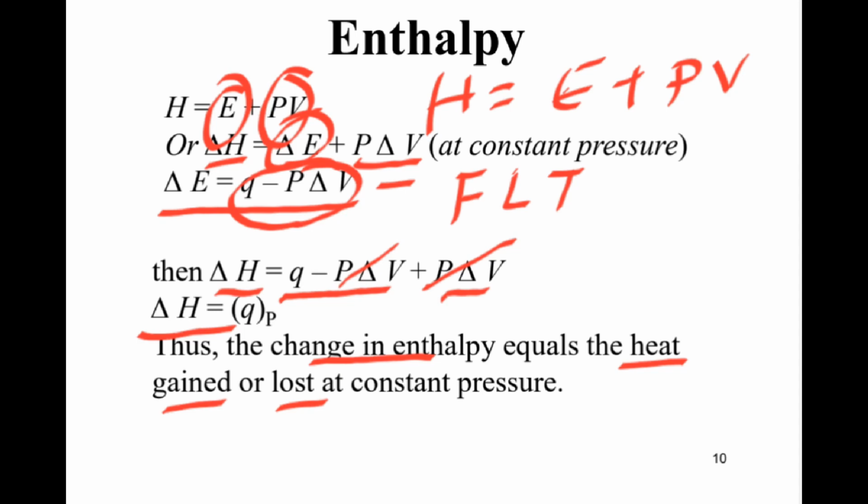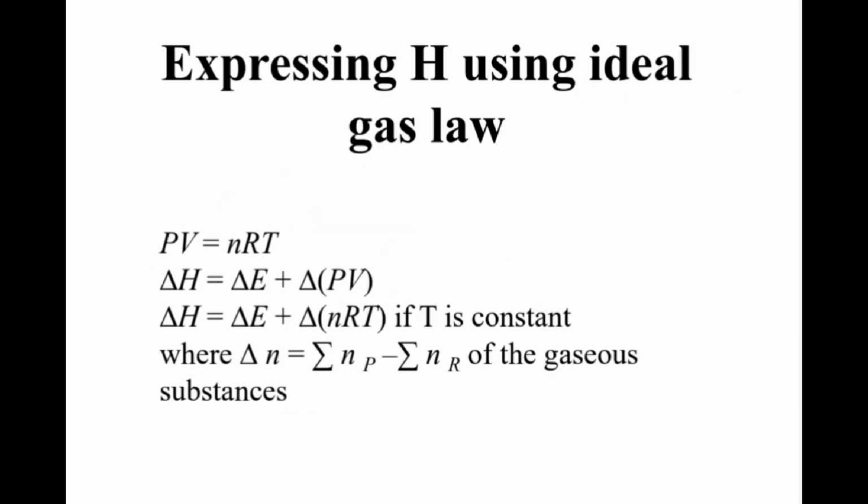What do we call the heat absorbed or released by a system? We said it is called enthalpy. Expressing enthalpy using the ideal gas: for an ideal gas PV is equal to nRT, and we know that change in enthalpy is the sum of change in internal energy plus change in the pressure-volume product.